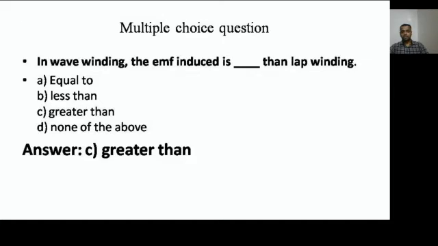We can give the example of a Megger, which in our laboratories is 500 volts or 1000 volts. The voltage is more, but the current is very low. So in wave winding, the EMF induced is greater than that of lap winding. This is the main thing in the case of wave winding.